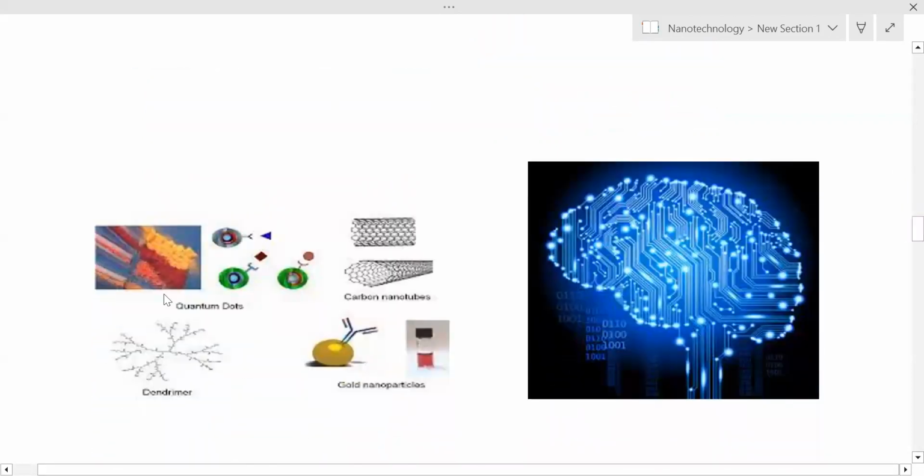So nanotechnology allows us the miniaturization of current and measurements. For example, we have an ammeter in an electric circuit lab where we can measure current.